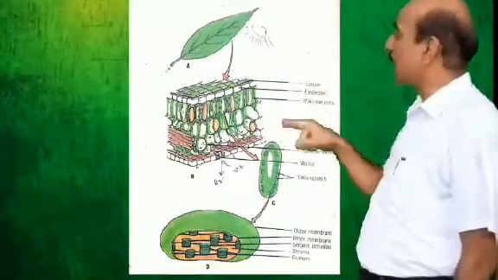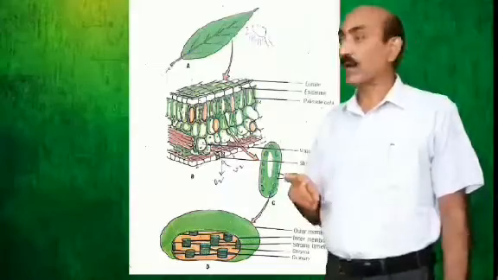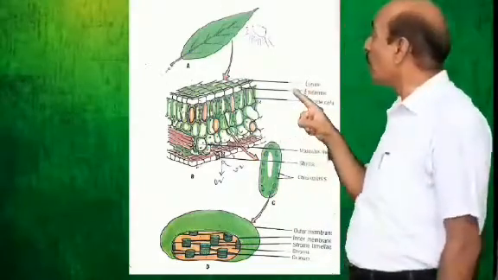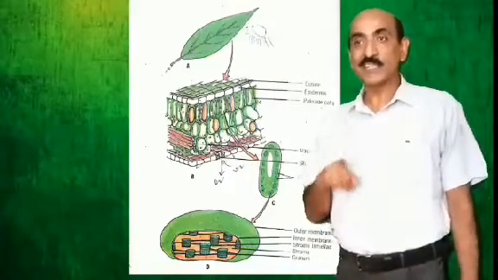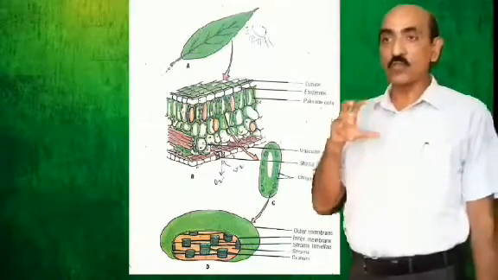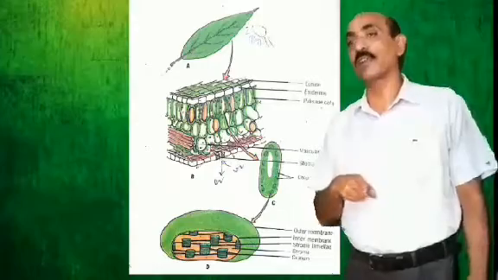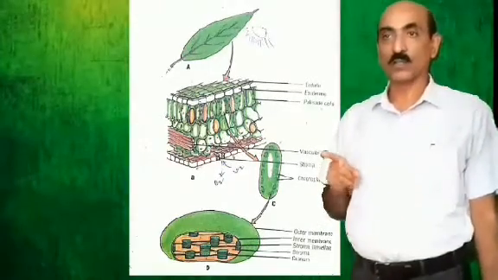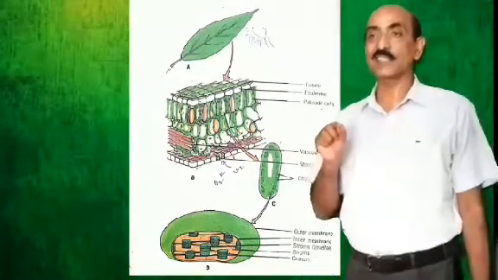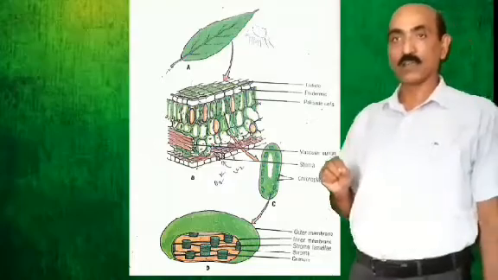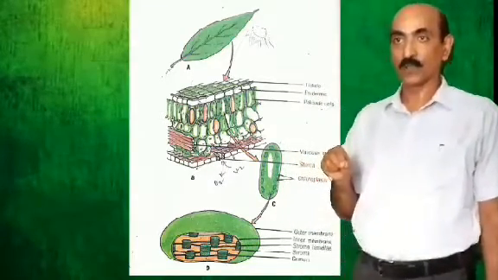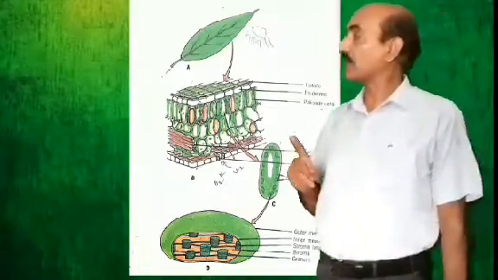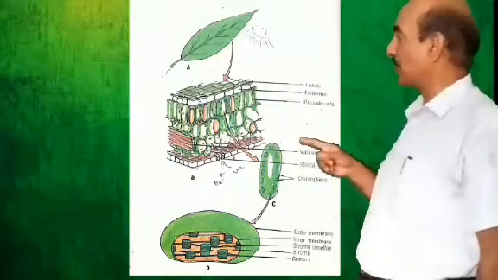These beads-like structures are nothing but the chloroplast. As you know about the chloroplast, it is an autonomous, largest cell organelle in the plants. That is actually considered as the photosynthetic site. Actual photosynthesis occurs inside the chloroplast.